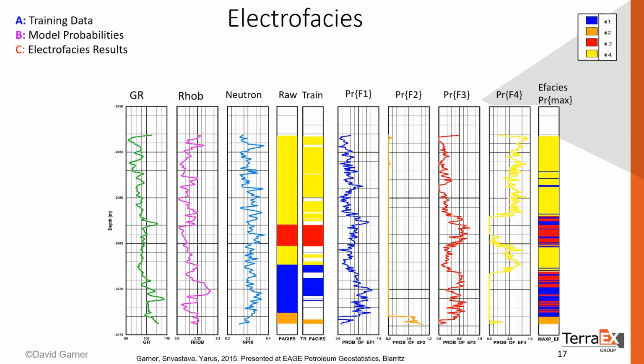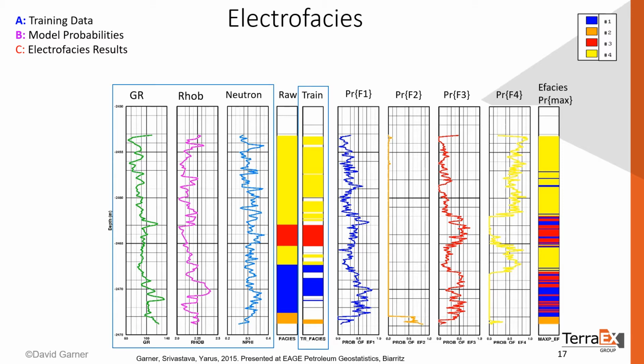Okay, so here now we're getting into the meat of it, to set us up for these three workflows. So we have the first part here. I just used the three curves, gamma, density, neutron, and cleaned up facies. We had a more exhaustive facies interpretation, and as I said, it was a larger scale concept interpretation, and so they were quite multimodal.